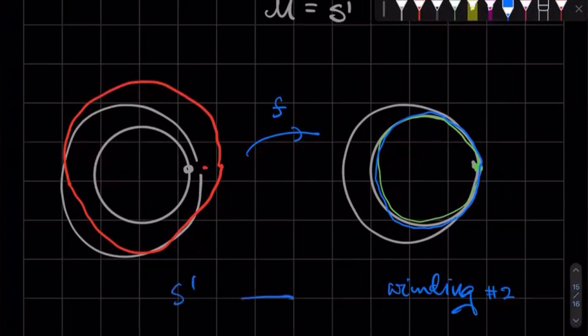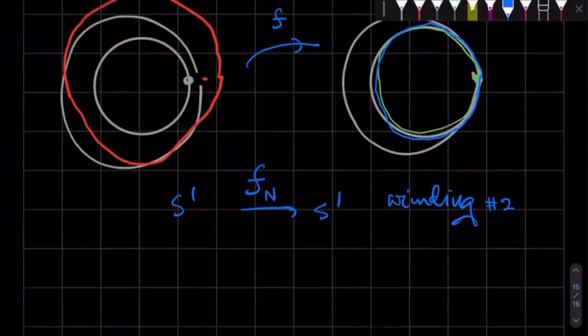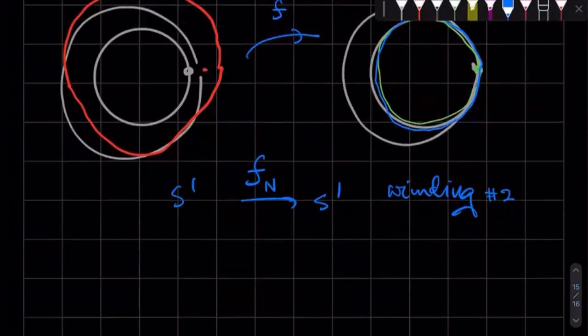So the number of maps from the circle to the circle, there are an infinite number of them, and each class of map is characterized by an integer, say n. This can be given an abelian group structure, basically the composition of loops, but I won't go into that.